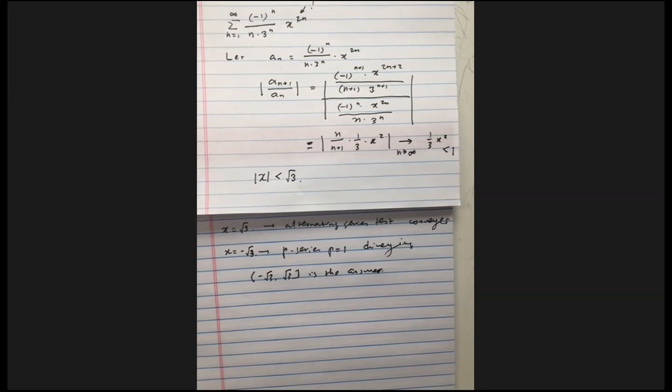Okay. Any questions for this one? The finding the interval of convergence kind of question? Everyone's good? Okay. So then the next question I want to see is about, let's see, using the Lagrange remainder formula.